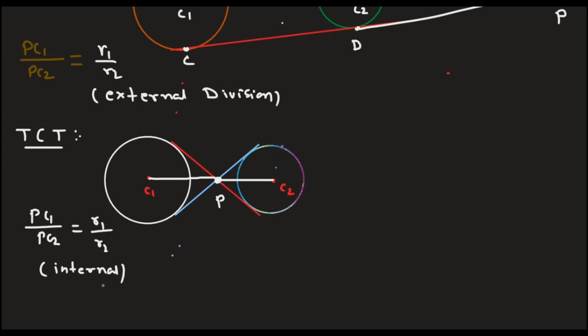So we can say that the point of intersection of the tangents for TCT, the transverse common tangents, divides the line segment joining the centers of the circles in the ratio R1 is to R2, and it is an internal division.